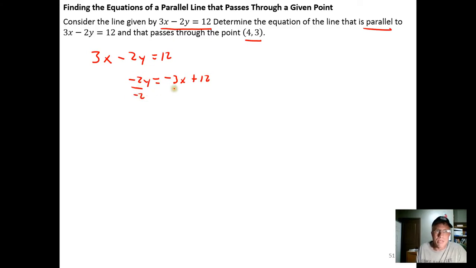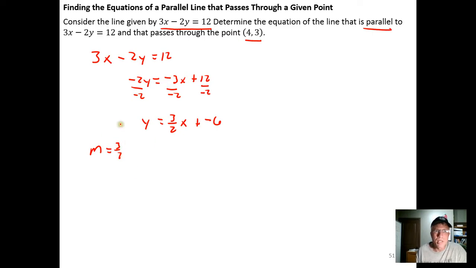Everything on the left gets divided by negative 2, everything on the right gets divided by negative 2, so we get negative 2 divided by negative 2 is 1y, equals negative 3 divided by negative 2 is positive 3 halves of an x, plus 12 divided by negative 2 is negative 6. And so here I have the line in the mx plus b form so that I know the slope is 3 halves. So m equals 3 halves.